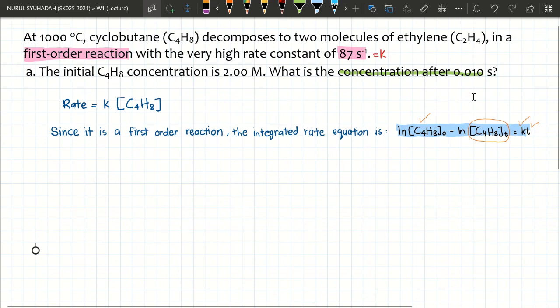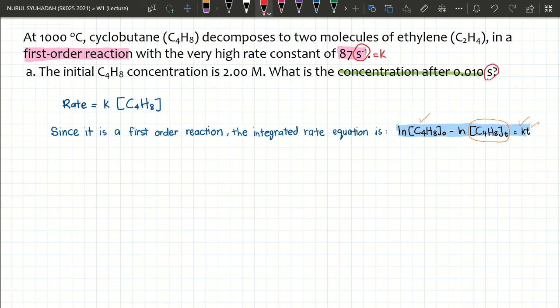You need to be very careful about the rate constant and also the time. You need to make sure that the units are the same. What do I mean by this? If the rate constant is given in seconds, you need to make sure that your time is also in seconds, because sometimes in the question the rate constant is given in seconds but the time is given in minutes.